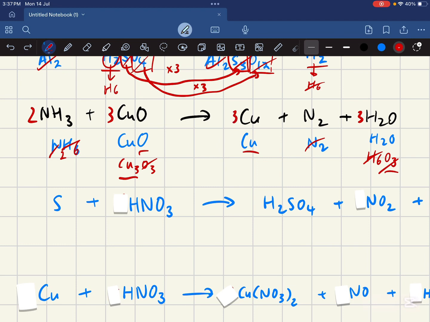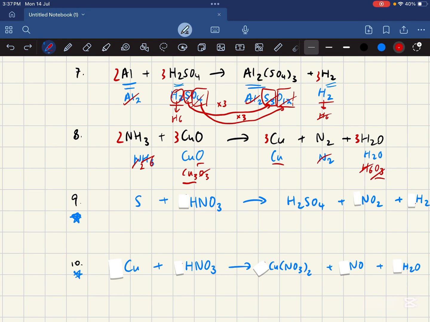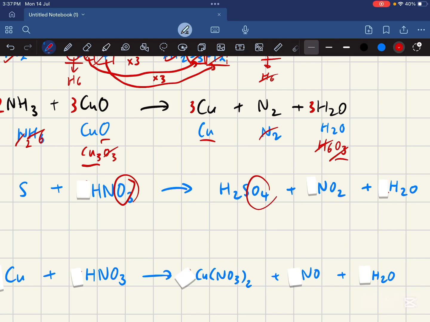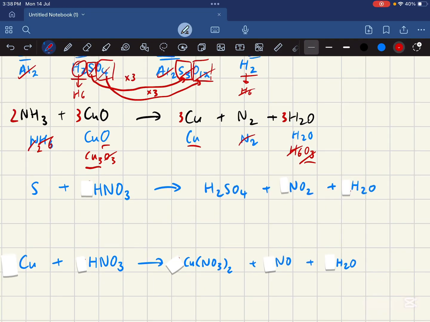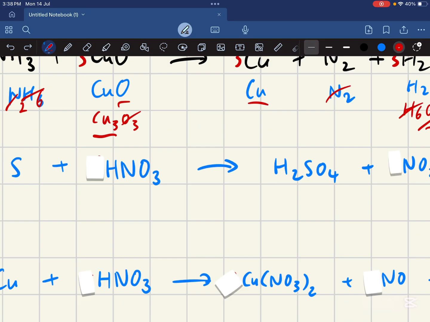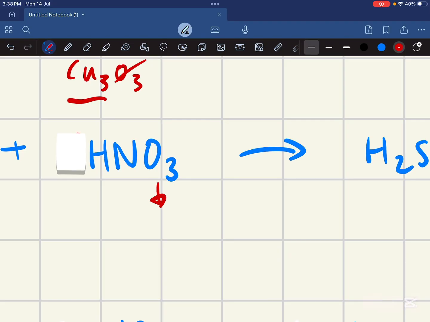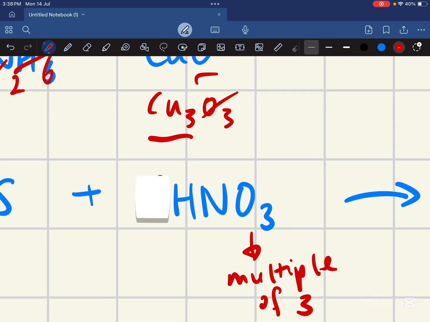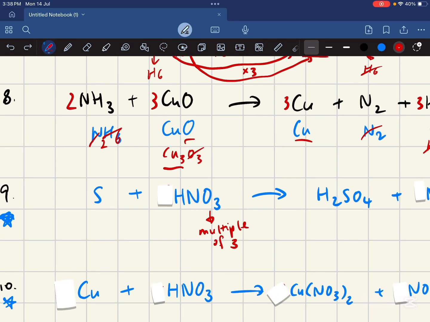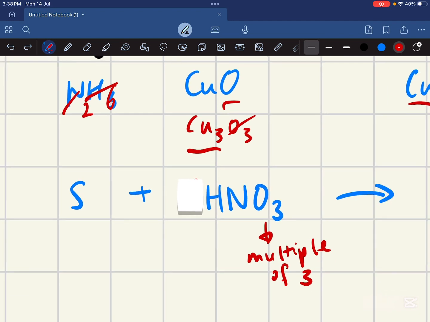Now the main thing in this exercise is to fix all the O's. We have a lot of O's. Now we know how the final outcome is that the number of atoms of O's must be a multiple of 3, because no matter if you multiply by 2, you multiply by 3, the number of atoms is a multiple of 3 for oxygen, because there's no other oxygen here.